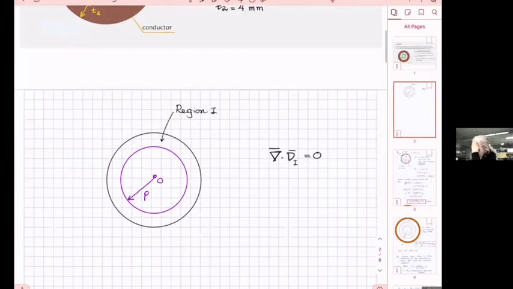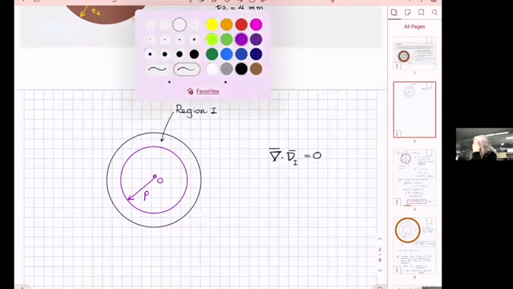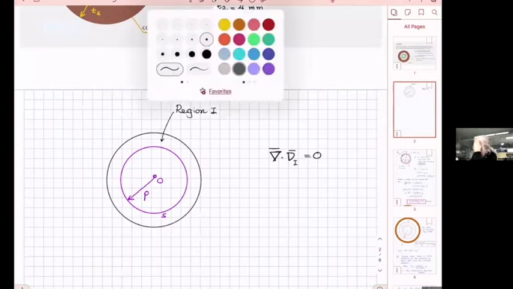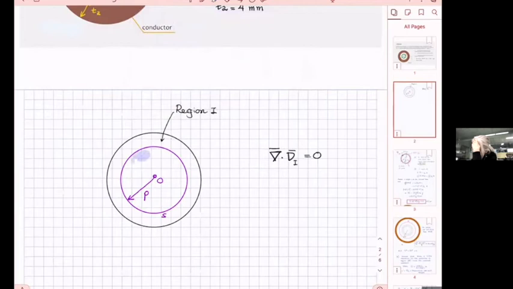And then I go on a volume that has this purple cross-section, because I have to apply the divergence theorem, but I need to integrate on a volume.